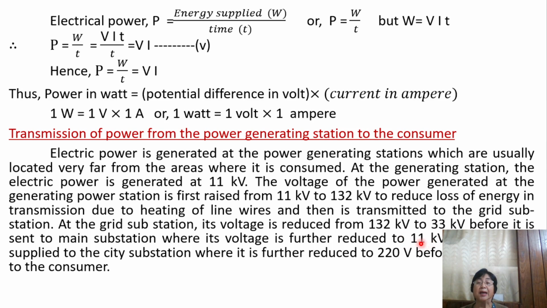Then it will come to the city substation. So from the main substation, it will come to the city substation, where it is further reduced to 220 volts. Why 220 volts? Because household voltage is 220 volts.